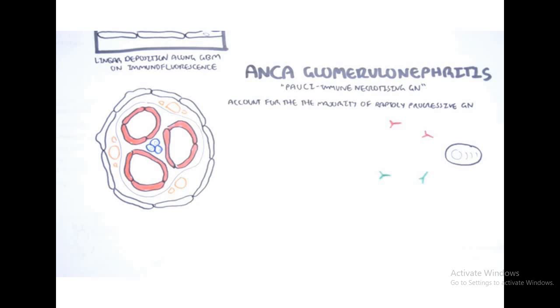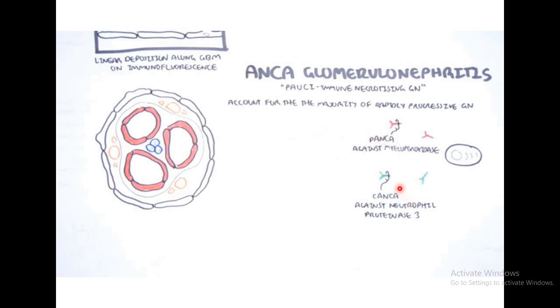Here, ANCA is basically an autoimmune disorder in which the plasma cells in these patients will produce two types of antibodies, that is P-ANCA and C-ANCA. P-ANCA is an autoantibody that will act against the myeloperoxidase, and this will further activate the neutrophilic granules.